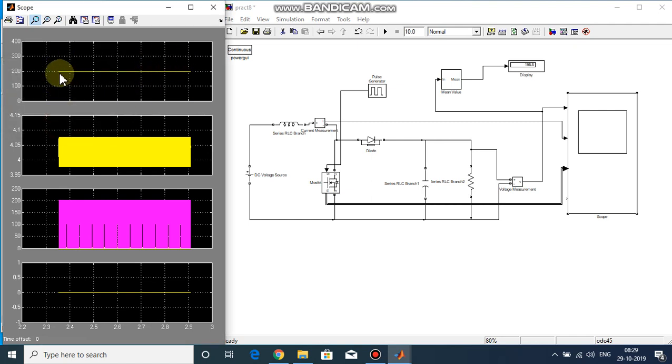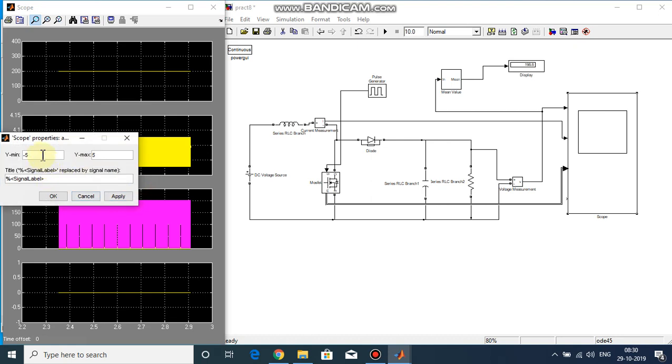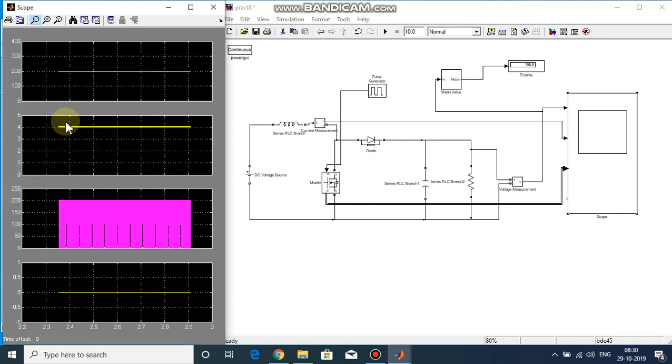It's just a line at 200 volts, so it is staying constant at 200 volts. The current is also a constant current being fed through.